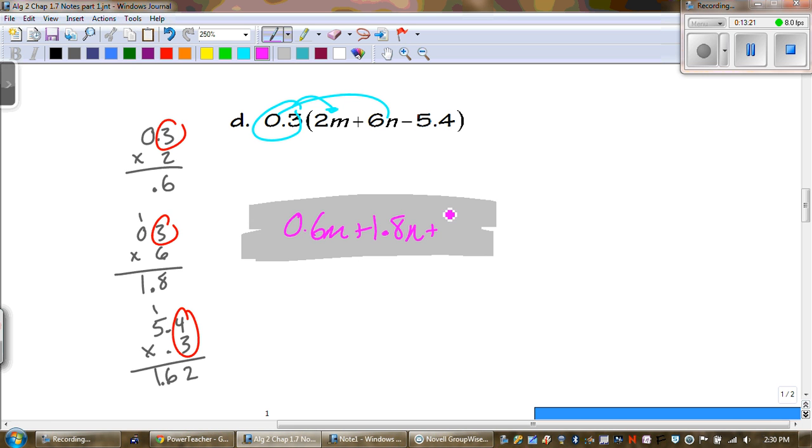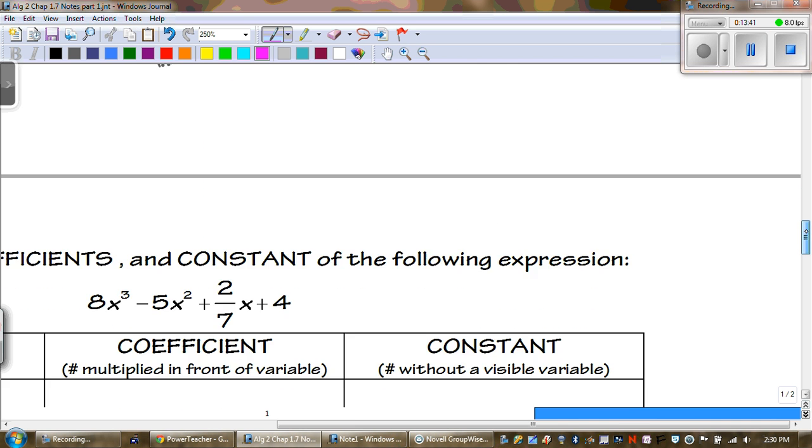So plus, technically, it's minus 1.62 because it's a positive times a negative, okay? So there's your final answer. All right, let's go ahead and flip it over.